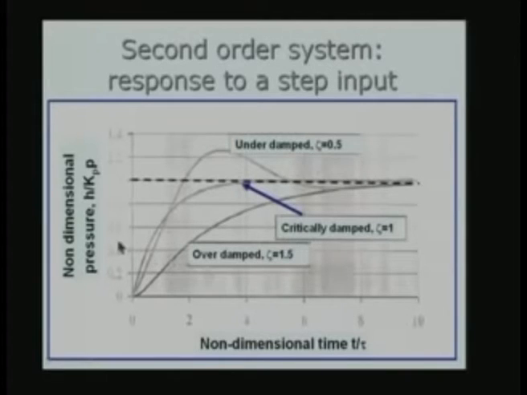On the non-dimensional axis, which I call h divided by Kp into P, it is non-dimensionalized with respect to the forcing function. Kp into P is the value which is input, h is the height of the column, and if the system were to have a very fast response, it would immediately go here and show this value.